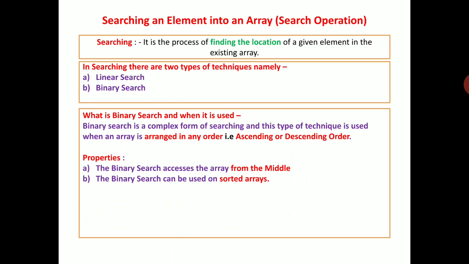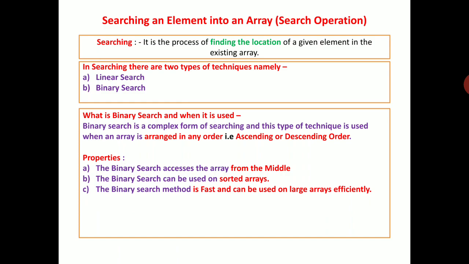Then we will go for its second property. The binary search can be used on sorted arrays. The array has to be sorted in ascending order or in descending order. Third property: the binary search method is fast and can be used on large arrays efficiently.